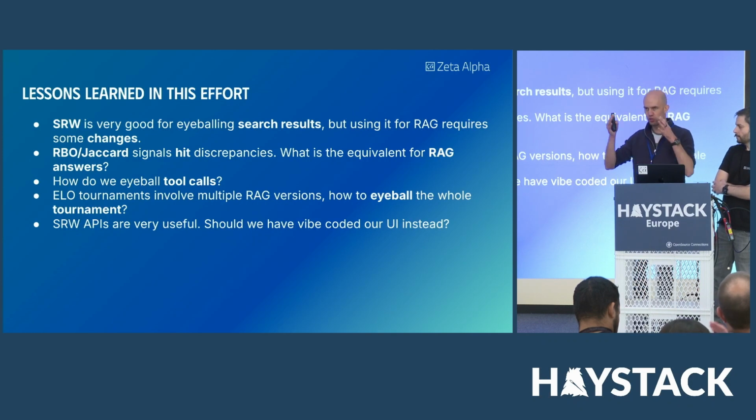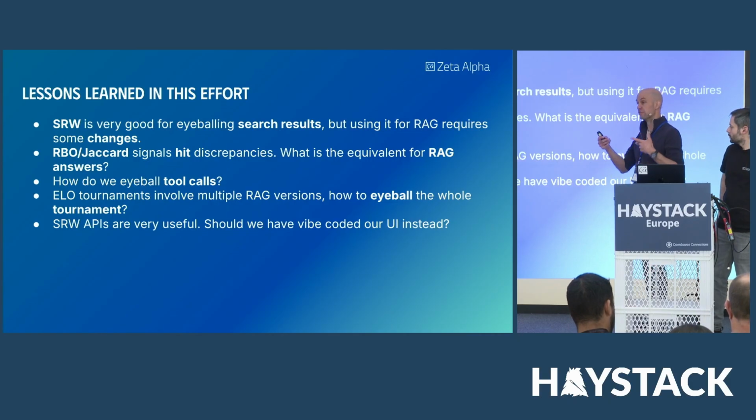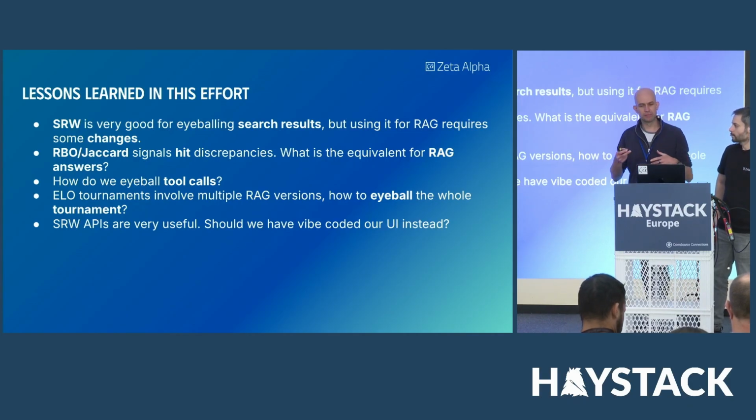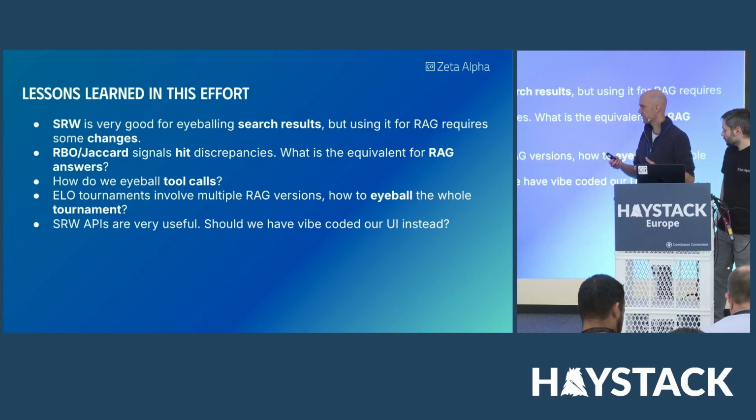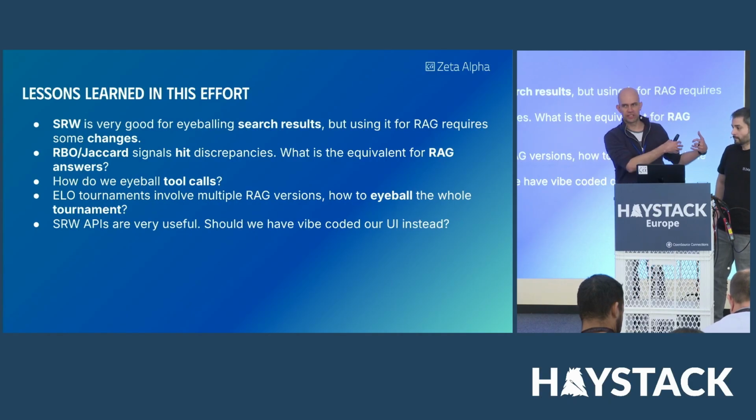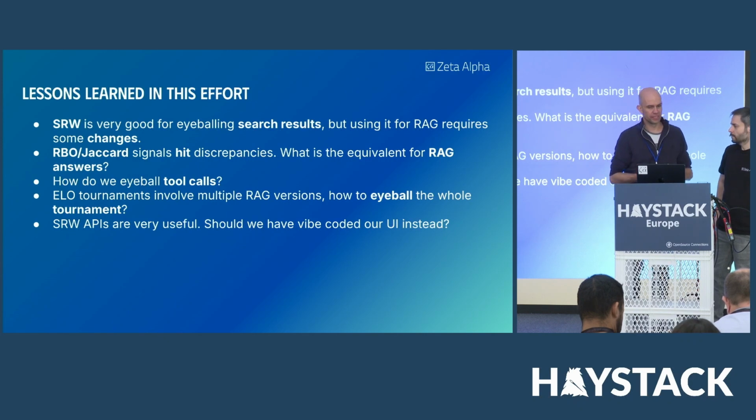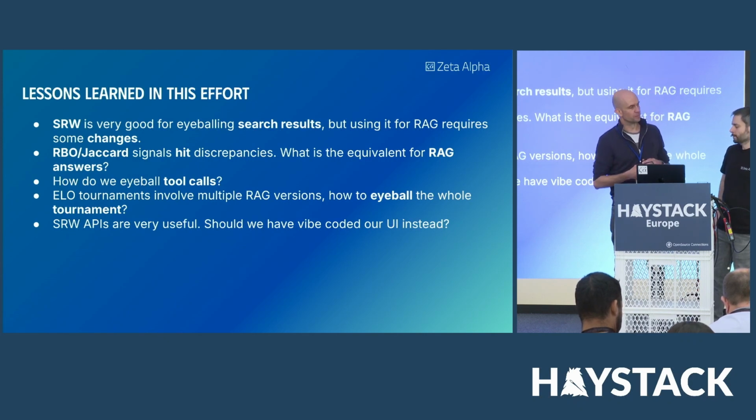But if we have not 2 agents to compare, but 4 or 5 or 20 maybe, this can become even more complex in the user interface, and you've already seen how it looks when you compare 2 to each other. And the Search Relevance Workbench APIs we discovered were quite useful. Every time we interacted with the backend, we had an easier life than interacting with the front end. So user interface, user experience is definitely a story of its own.